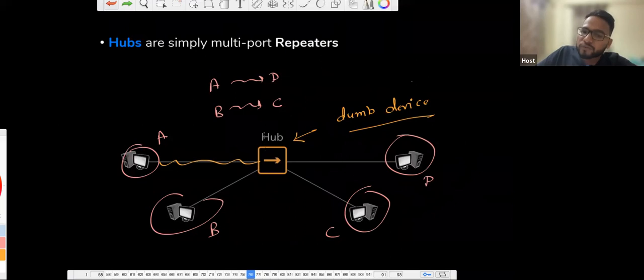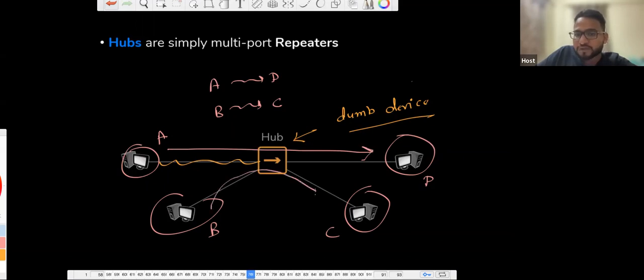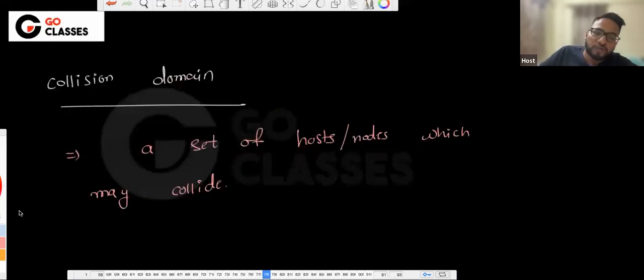Maybe if I use another device, let's suppose a switch, which is intelligent enough to reduce the collision domain, then if A is sending to D, and meanwhile B wants to send to C, it should be able to send to C without any collision. Suppose that device is a switch, then the switch is reducing the collision domain, right? So hubs do not reduce the collision domain.